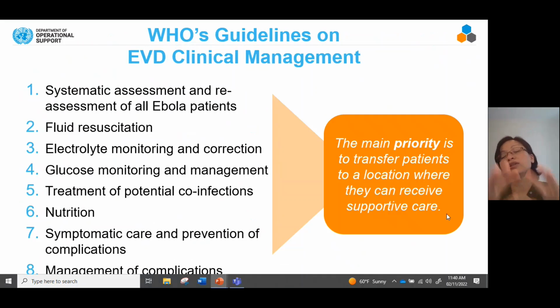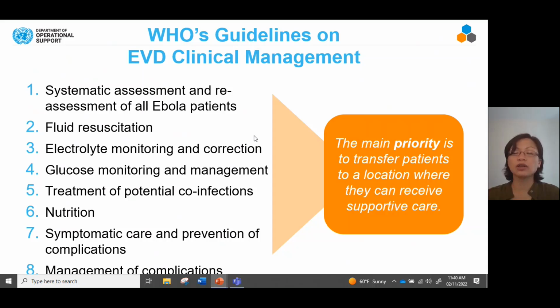So WHO has a lot of information in their guidelines, and the information covers things like how do you assess patients, fluid resuscitation, electrolyte monitoring and correction, glucose monitoring and correction, treatment of potential co-infection, nutrition, care for complications, management of complications.